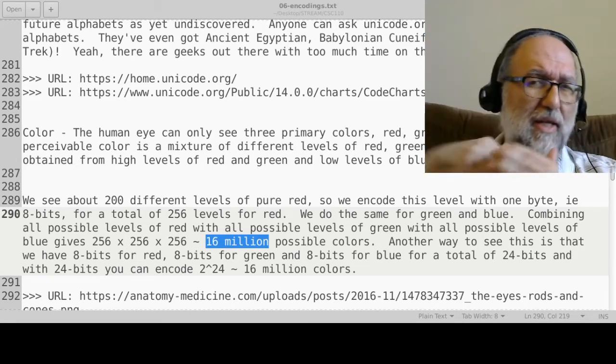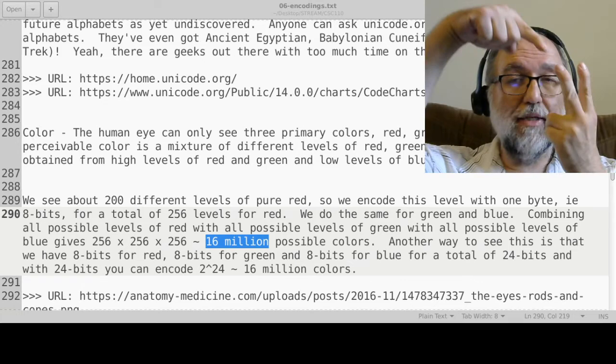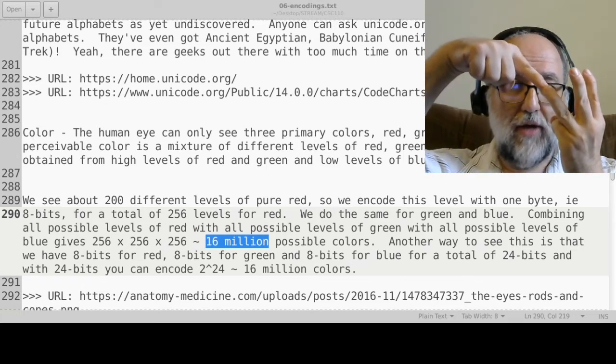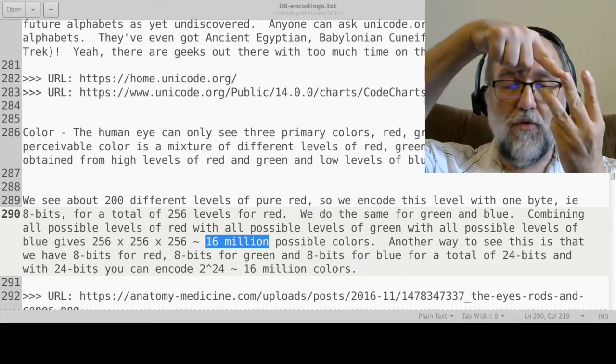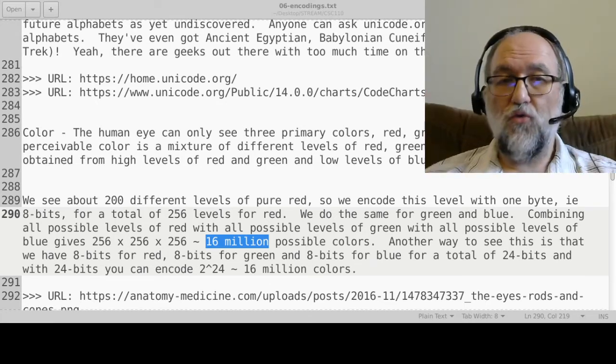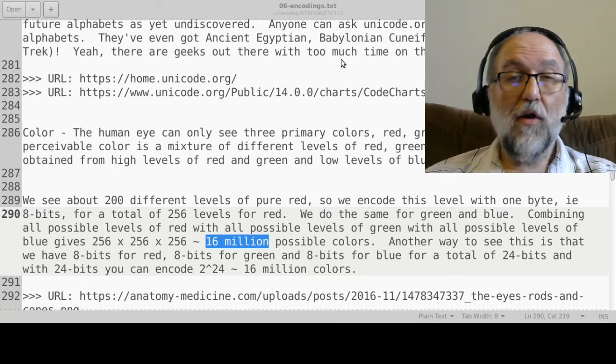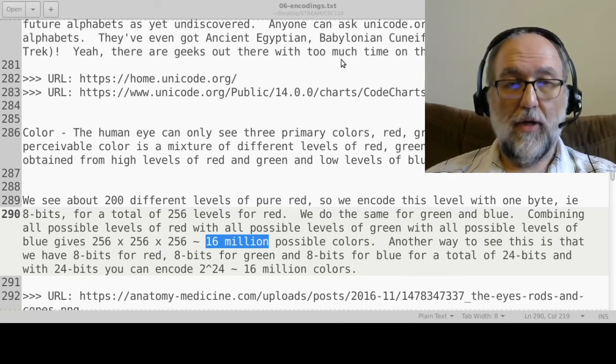It's better to go a little bit over than under, okay? And so there you go. Each color is basically 8 plus 8 plus 8 bits, okay? 8 for the red, 8 for the green, and 8 for the blue. And if you add 8 plus 8 plus 8, you get 24, all right? And so there's 24 bits for each humanly visible color.